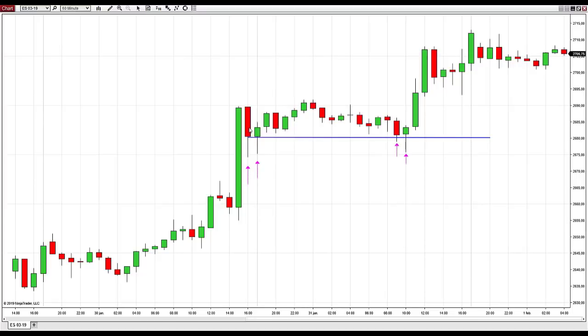These candles have their shadows penetrate the support line, but the candles close above this line. We tend to consider support and resistance to be approximate price levels like this instead of a thin line here.